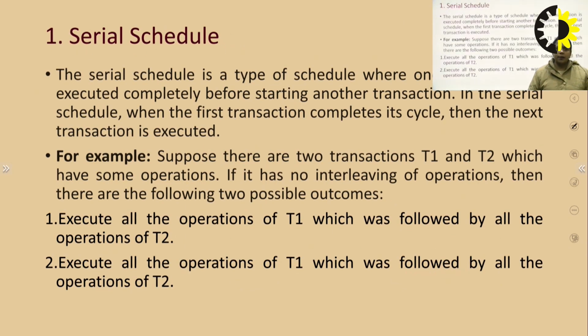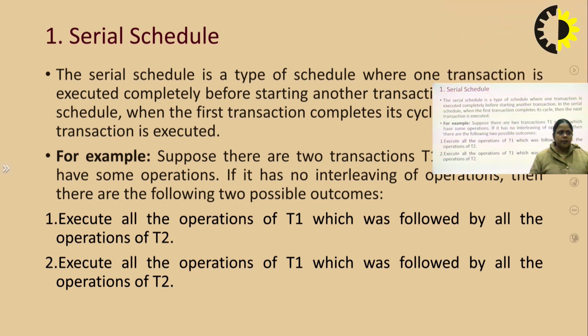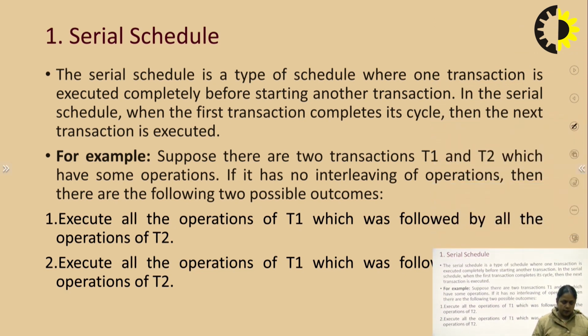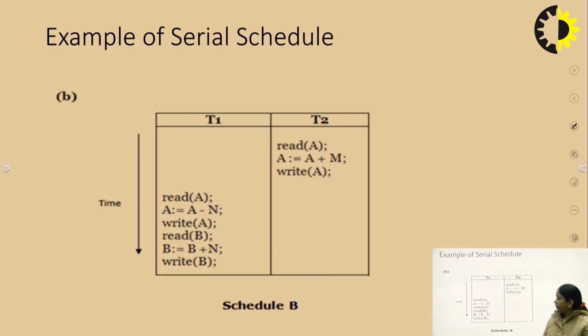The serial schedule is a type of schedule where one transaction is executed completely before the start of another transaction. When the first transaction completes its cycle, then the next transaction is executed. Suppose there are two transactions T1 and T2 with some operations. It has no interleaving operations. You can see here, firstly T2 starts, and when T2 completes all its operations, then only T1 will start.